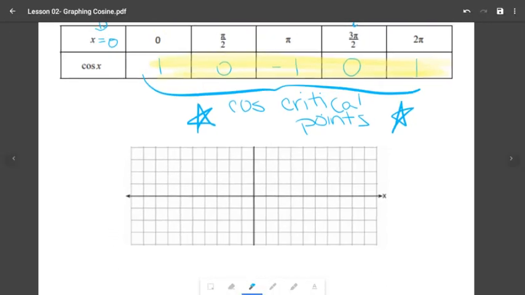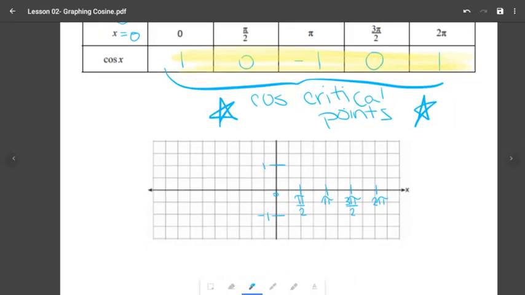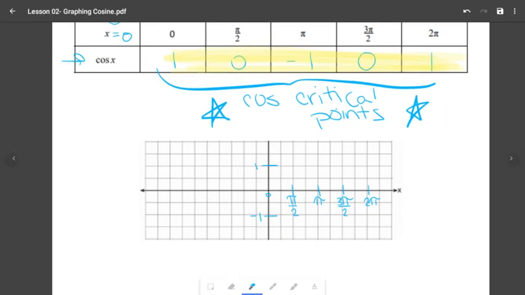So graphing, my x's, those angles, I'm going to graph each one of them. So we have 0, then pi over 2, then pi, then 3 pi over 2, and then 2 pi. I have room to skip again. Notice again the biggest number in that cosine list is +1 and the smallest is -1, just like sine's.